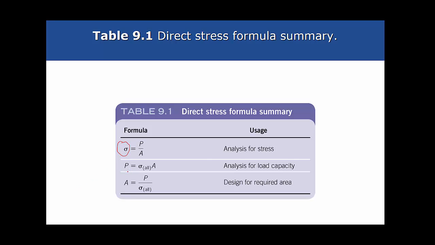Now you can rearrange it. So this is the analysis for stress, then the analysis for load capacity. You can find out what kind of force is going to be able to be maintained if you know what the allowable stress is and what the area is. So you would go and find out allowable stress in some kind of a table. Okay, and I think if we go back, did they give allowable stress on those I-beams and such?